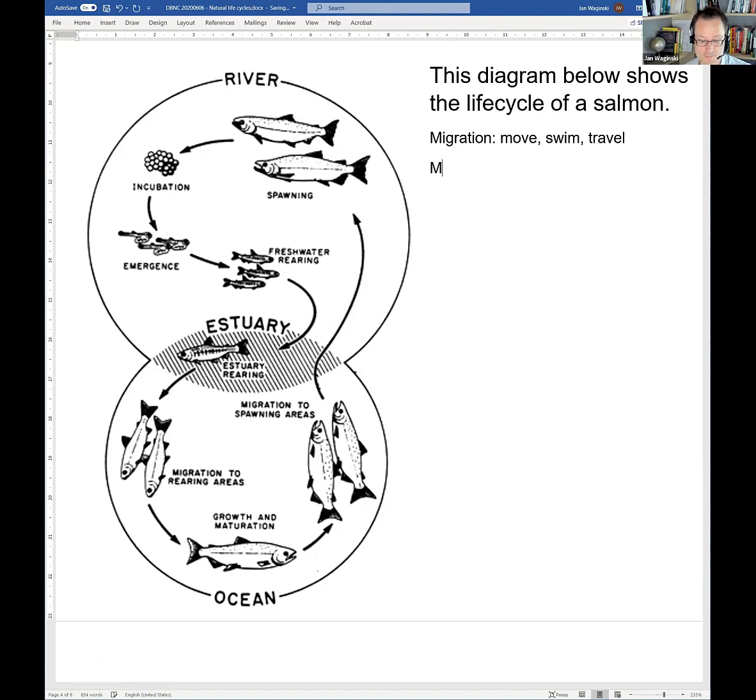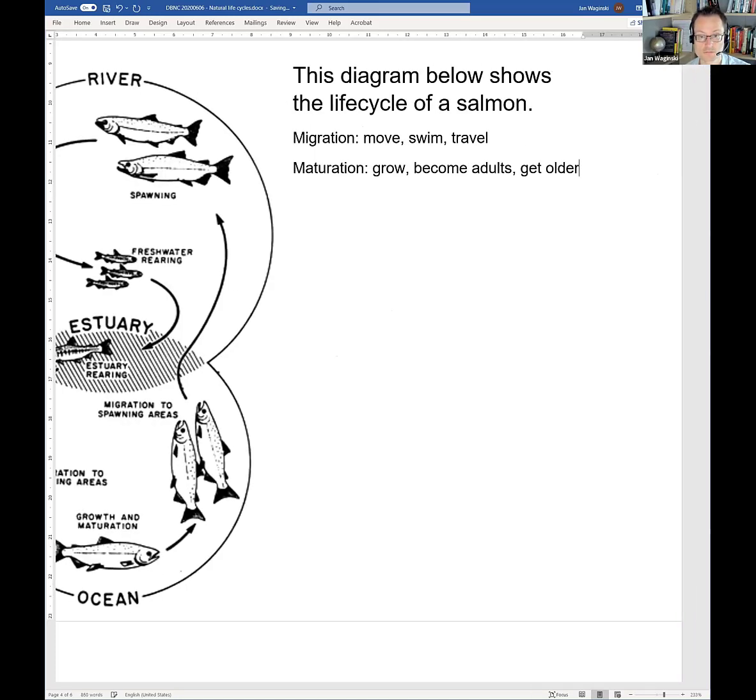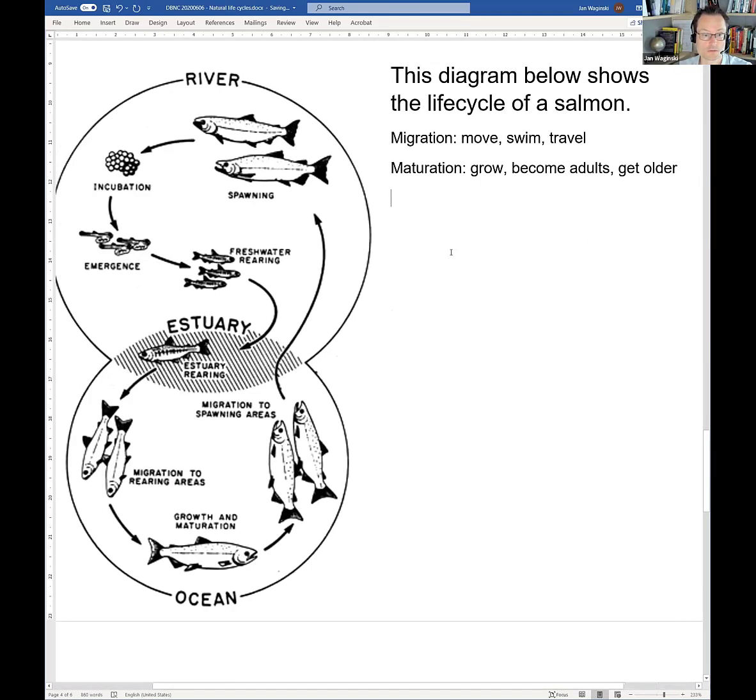We had maturation: grow, become adults, get older. Incubation, is there a synonym for that?